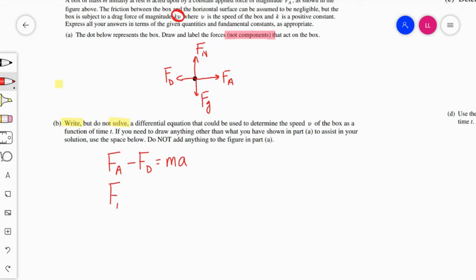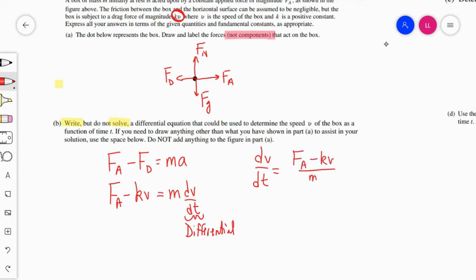So we're going to have Fa minus kv equal to m dv/dt. That is a differential, because this right here signifies the differential piece. That dv/dt is our differential. You can also, if you want, divide everything by m, so (Fa minus kv) divided by m equals dv/dt.